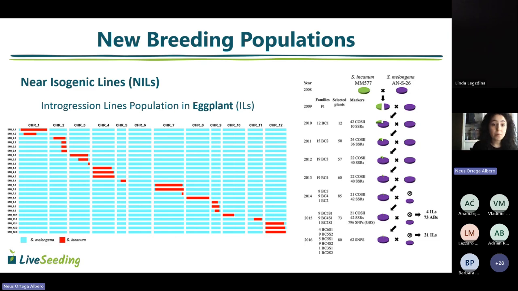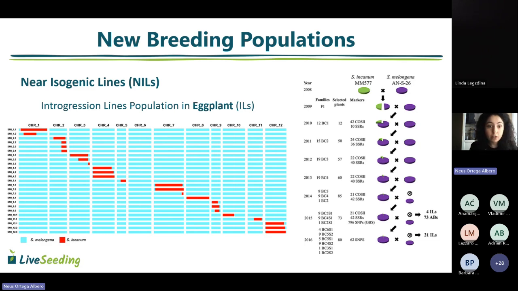So in this example, the introgression line populations in eggplant, what they did is select phenotypically and also with markers, with mass marker-assisted selection, as you have seen in the previous unit, to obtain a homogeneous commercial variety, but the idea of this population was not only to have this one resistance, for example.